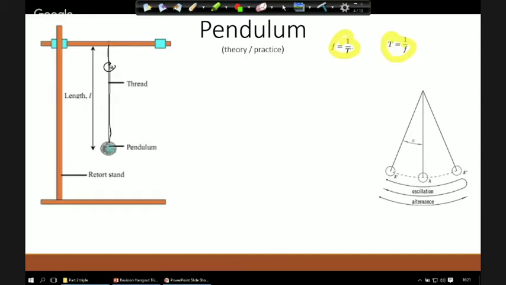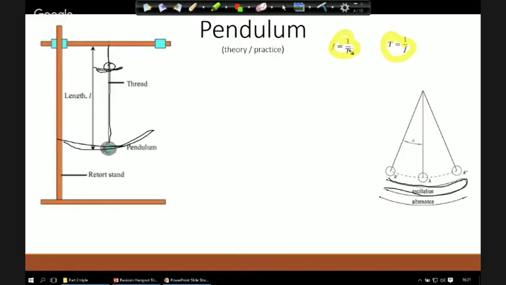If you've got a really small piece of string, it's going to swing backwards and forwards quickly. Really long piece of string, it's going to take a long time to swing backwards and forwards. Now, it's important to know that one oscillation is there and back. So from the start point over to the end point and back again equals one oscillation. It's not just from one side to the other, but there and back again, so a complete cycle.